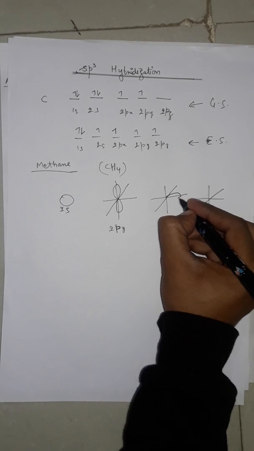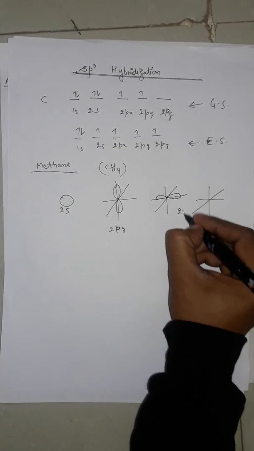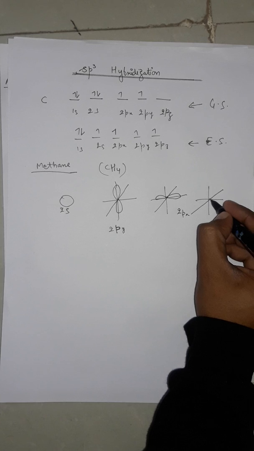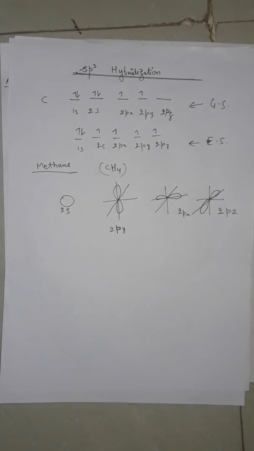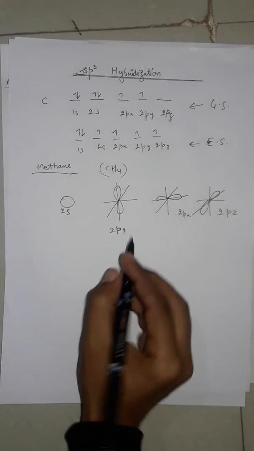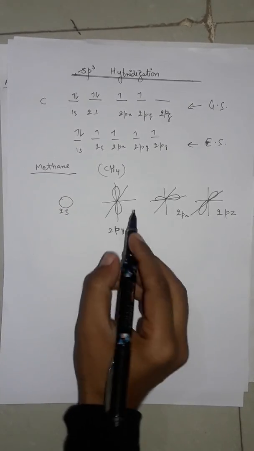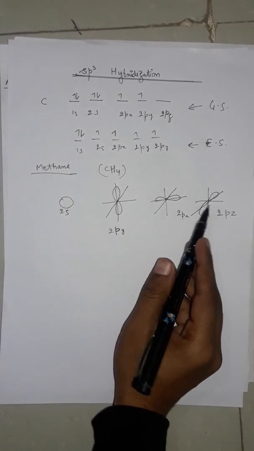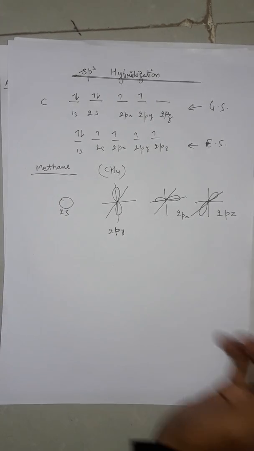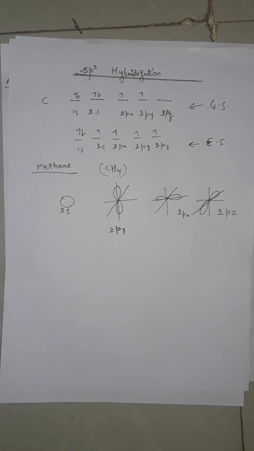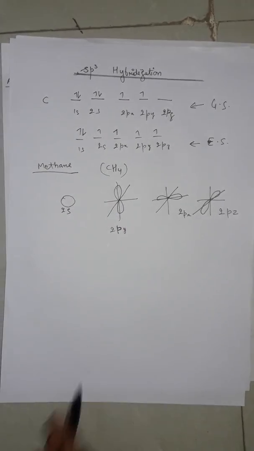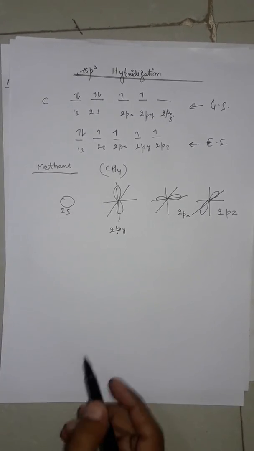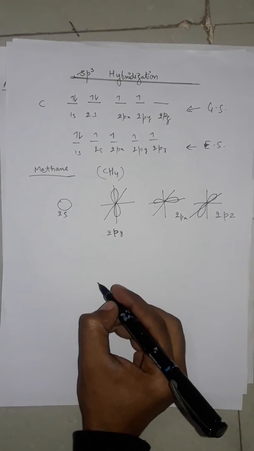This is 2px and this is 2pz. So here is one electron, here is one electron, here is one electron, and here also is one electron. Now when the carbon atom forms bonds with 4 hydrogen atoms, how will it look like? It will look like this.